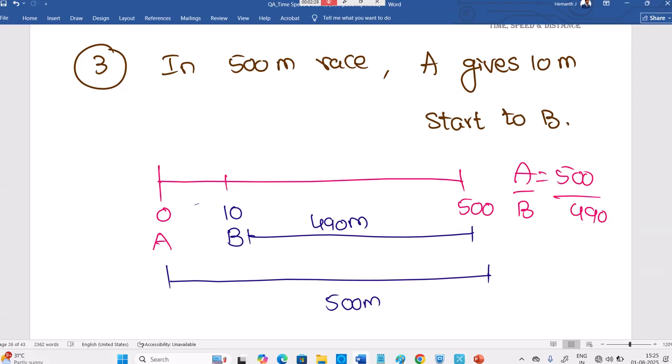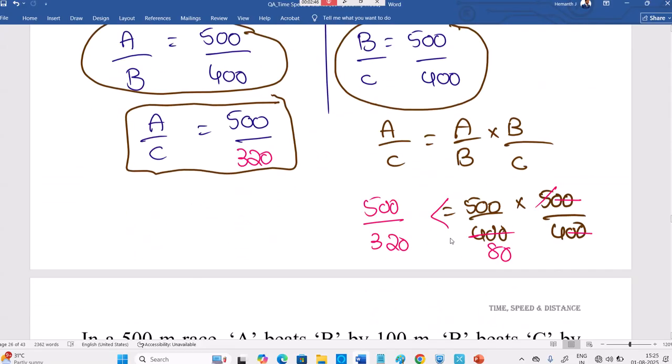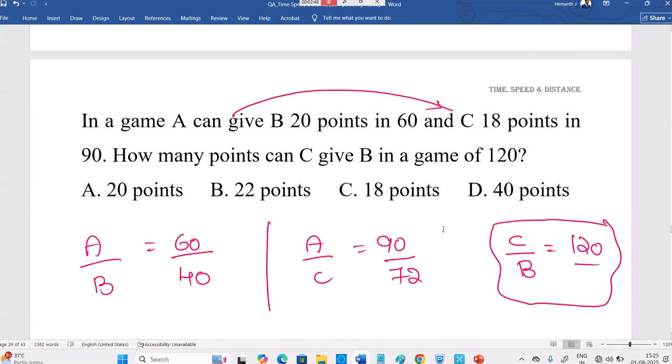Same scenario: in a game of 60 points, A gives 20 points to B means A is 60, B is 40. A should get a total of 60 points, but B started from 20 points. When you reach 60, the game is complete. It is a similar statement, but given in a different way.